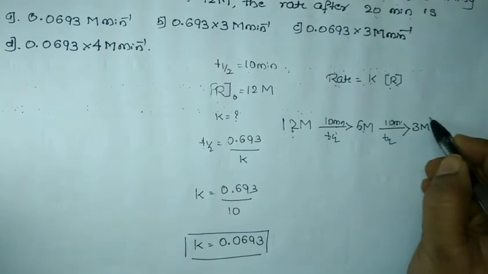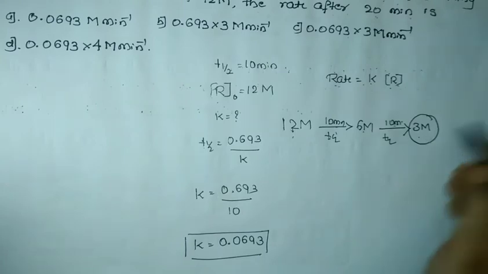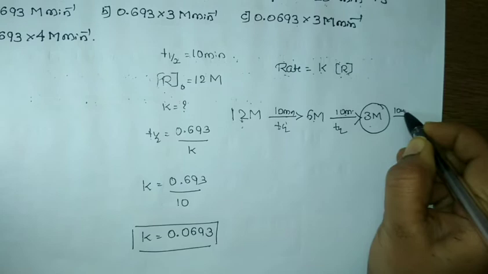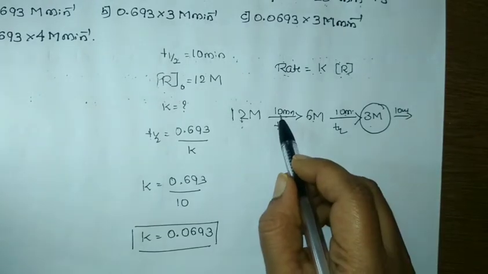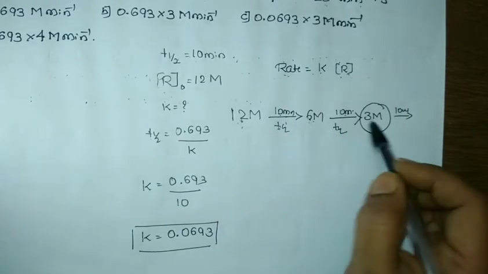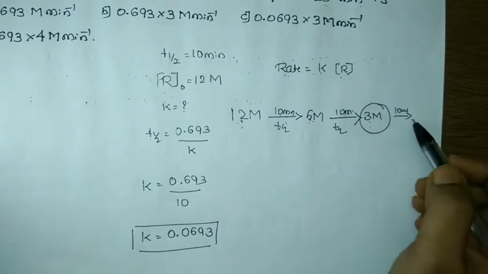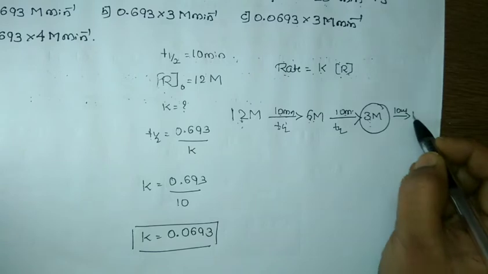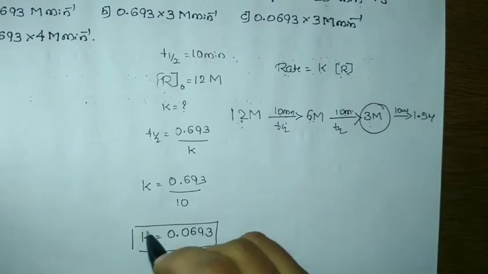So after 20 minutes, the concentration is 3 molar. If the question comes for another 10 minutes: after 10 minutes, 12 reduces to 6, 6 reduces to 3. For another 10 minutes, meaning exactly half an hour, it will reduce to half of 3 molar, that is 1.5 molar. Quite simple, right?